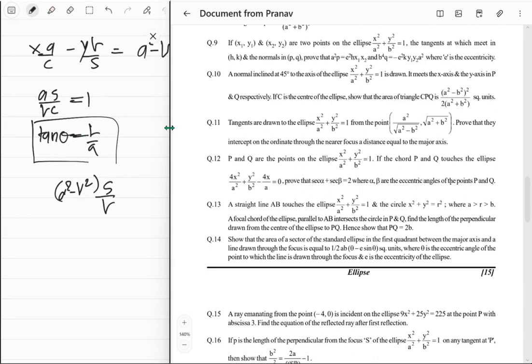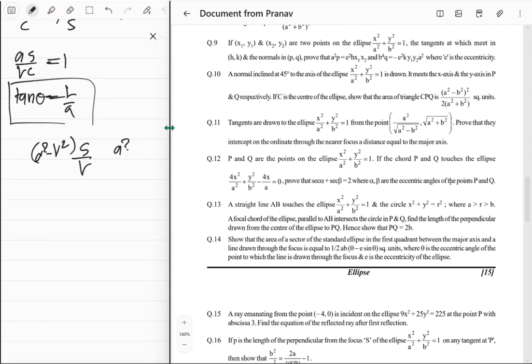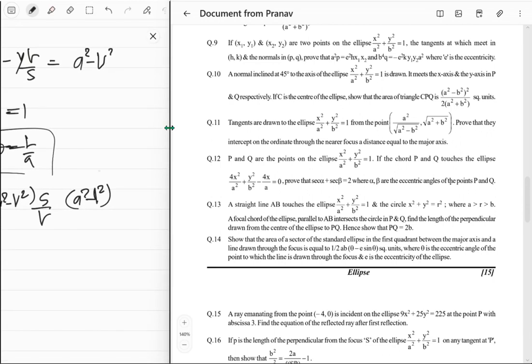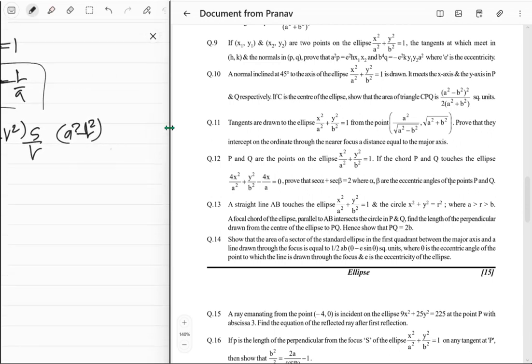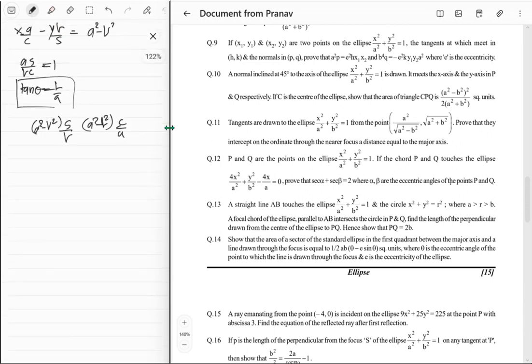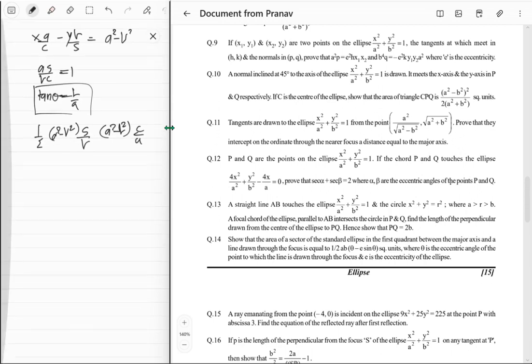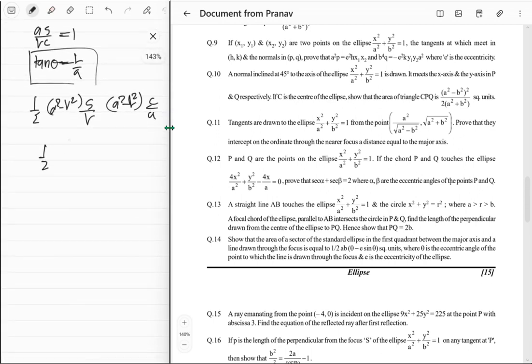Okay, and similarly, you just have a squared minus b squared, and then you got cosine upon a. All right, and half of that is going to give us the area. It's half of a squared minus b squared, squared. Then you got sine cosine upon ab. Now what is sine cosine? That's hard actually. Okay, maybe I just divide by 4ab and then got a squared minus b squared, squared.